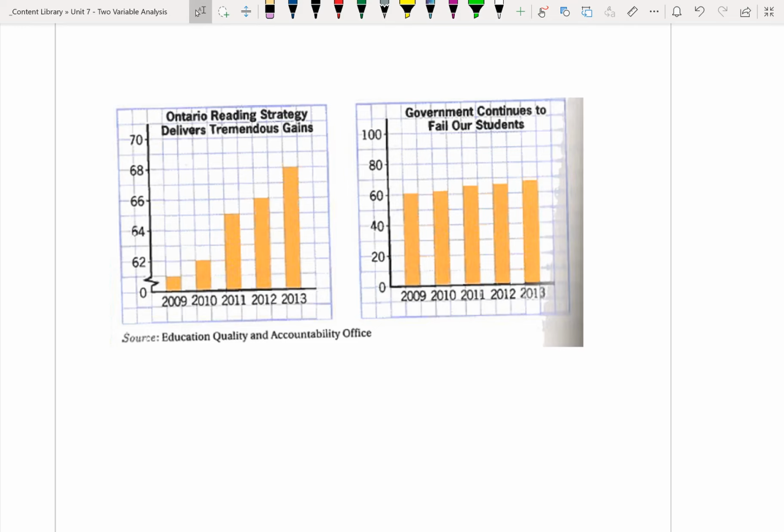They both have the same data, but if we're looking at some of the similarities and differences, one thing we can see clearly is that one has a break in the scale, which shows a magnification, or it's magnifying certain data.